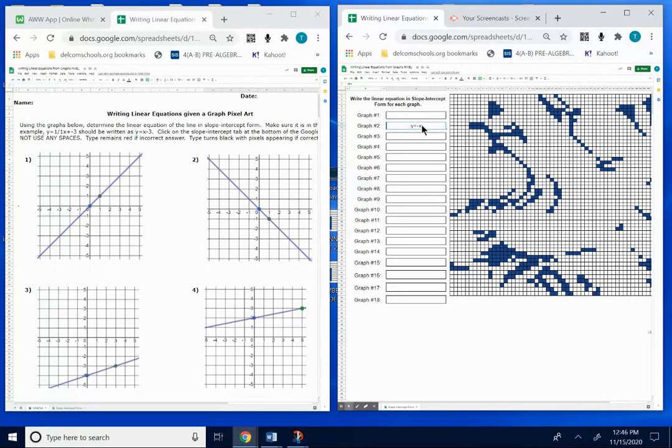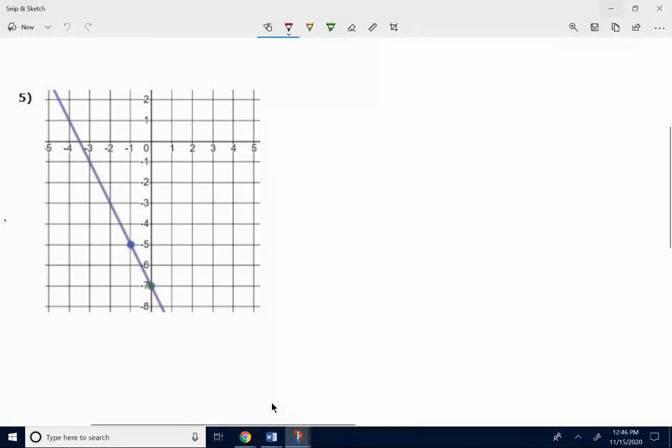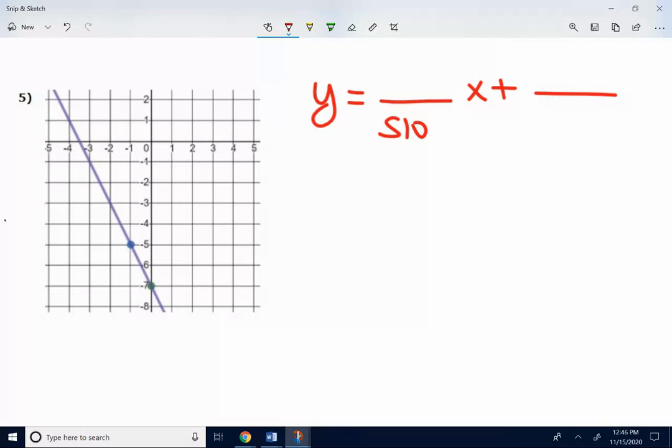Okay, let's do number 5. Okay, so we're doing y equals slope x plus y-intercept. Okay, the slope is going from one point to another point. And I like to go from the one on the left to the one on the right. And just think about how much are you going up or down and how much are you going over to get from one point to the other.